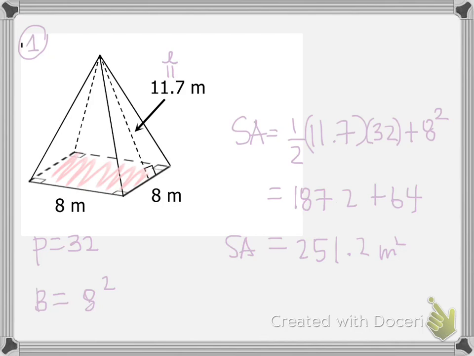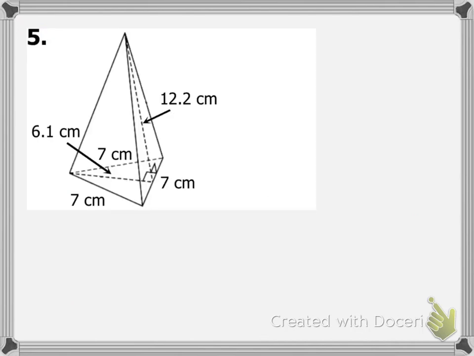Okay. All right, let's do another one here. So we've got our slant height, which is 12.2. We also need to find the perimeter of the base. So the perimeter of the base is going to be 7 plus 7 plus 7, so the perimeter of that base is going to be 21 centimeters.